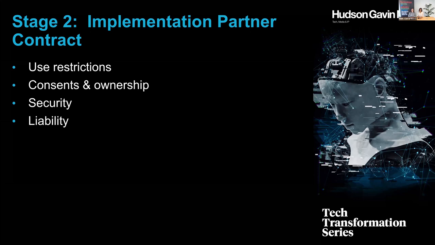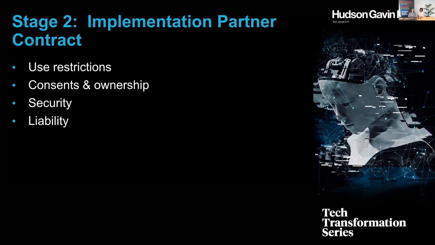Now, in terms of what that super cap looks like, generally speaking, it's a multiple of the general liability cap that sits in the agreement, or it could be a number that the customer and I, as the implementation partner, are comfortable with in terms of a higher cap for data loss.